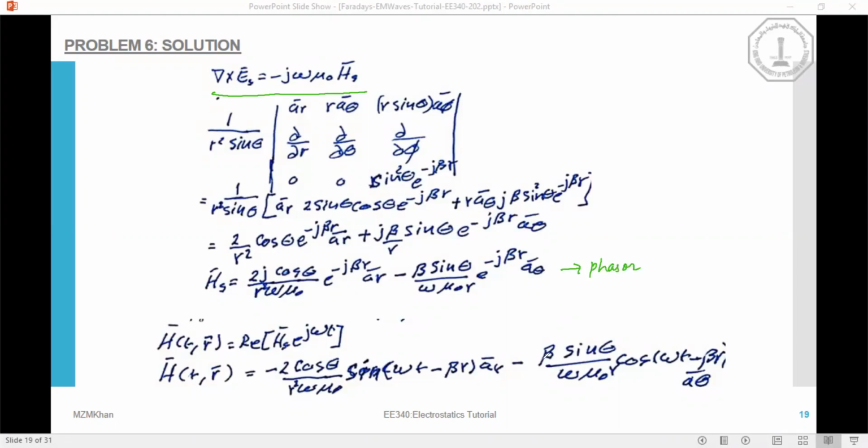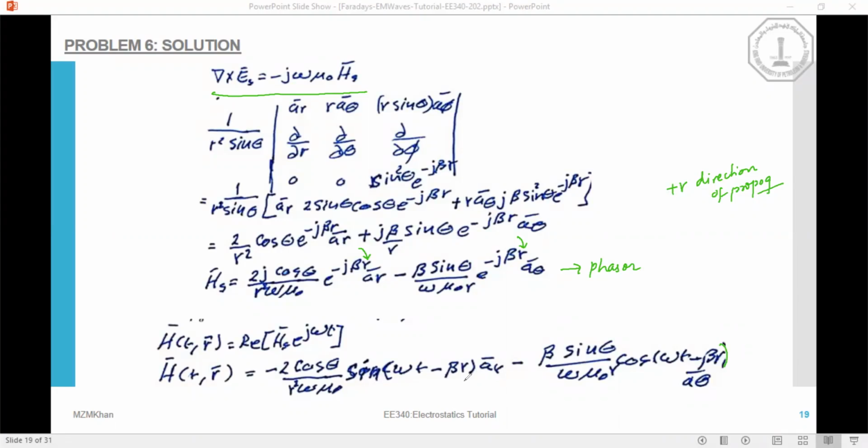You have to multiply this by e power j omega t and take the real part. And this is r, that means the direction of propagation is the plus r direction.